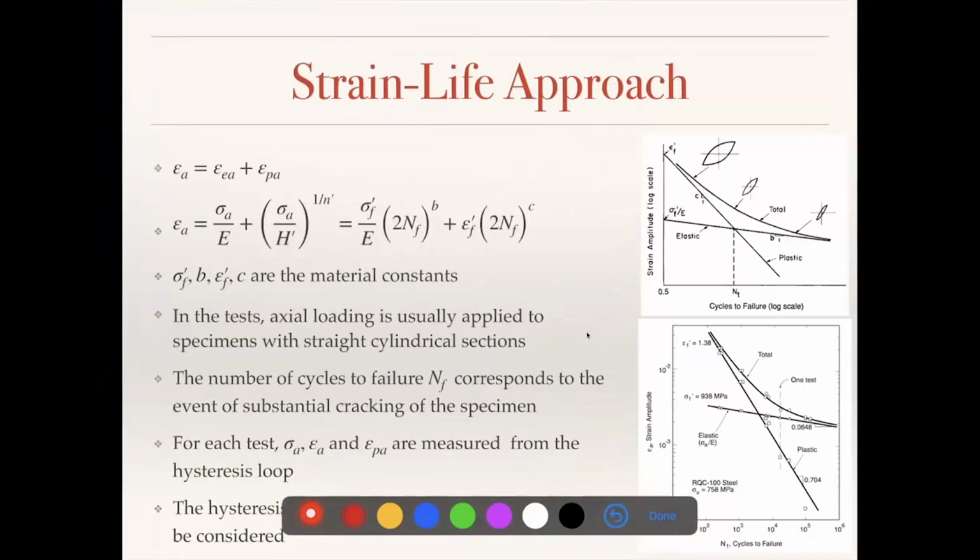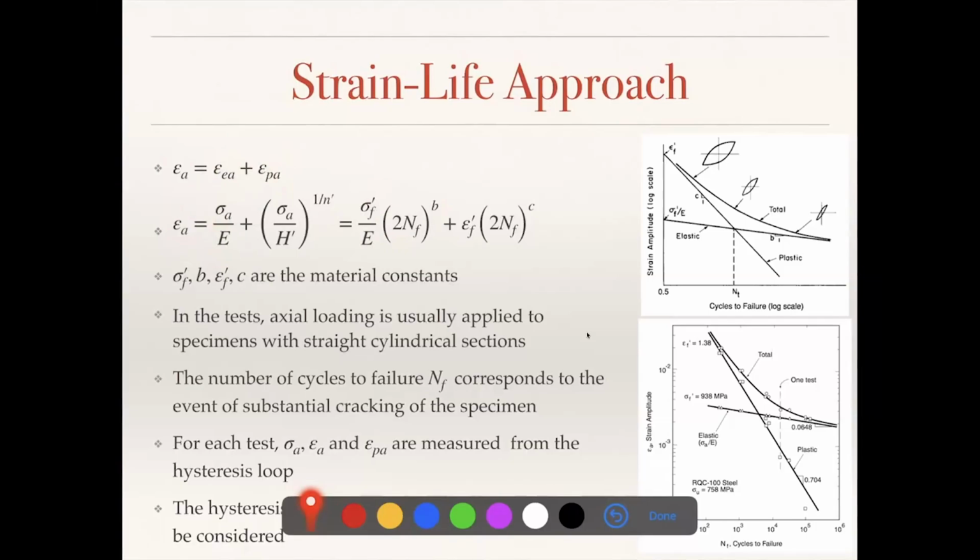Now, this is your strain life approach. There are also other models like the Coffin-Manson relation, where the strain amplitude is given by sigma f dash by E into (2NF) power B. Because this is the total strain amplitude; earlier you had only the plastic strain amplitude, but the elastic strain amplitude can be represented by our stress life approach.